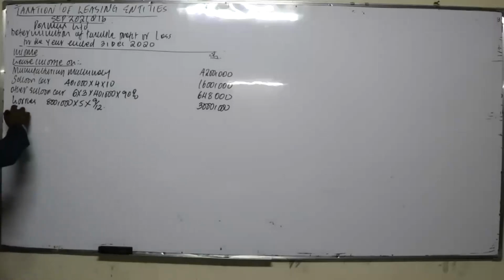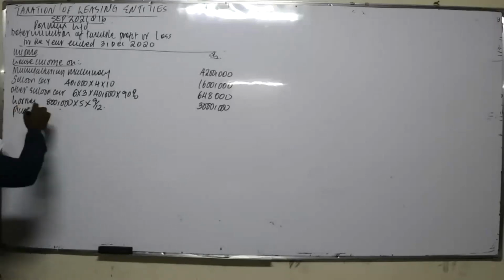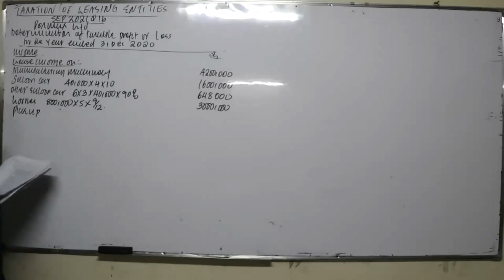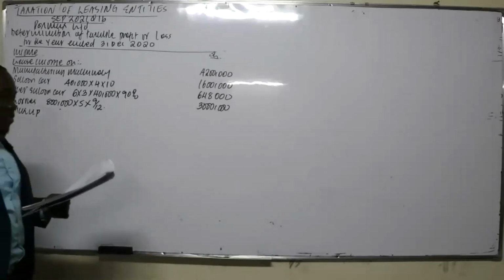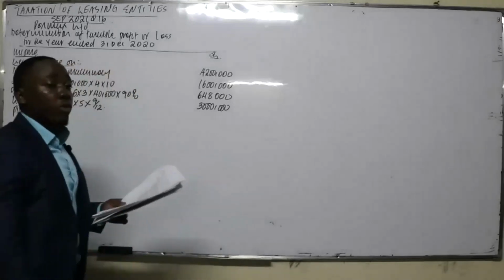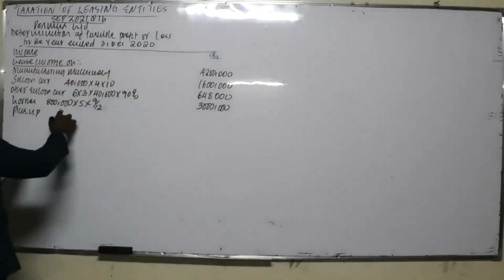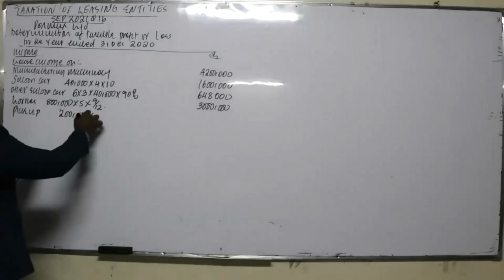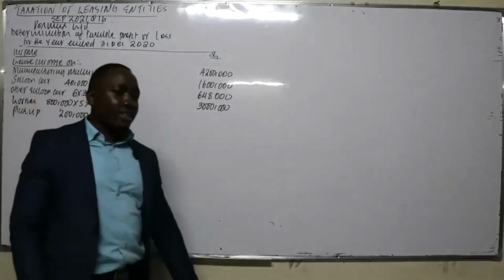Then the other bullet, 6 pickups vehicle to Fahari Limited in Rwanda for 200 per month for the whole year. So it will take 200 times 12. You don't multiply by 6.